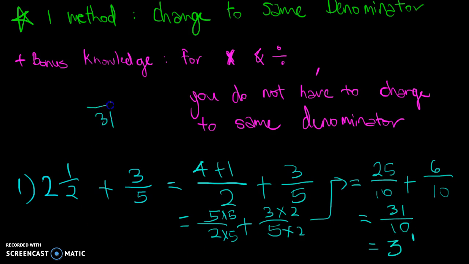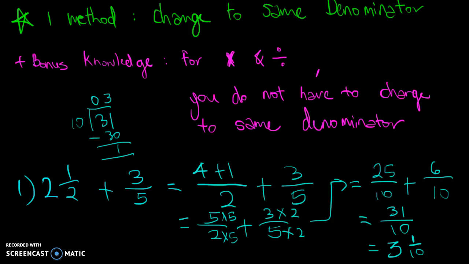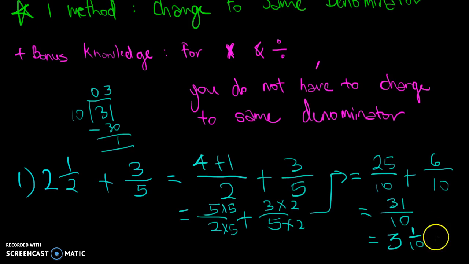I put 3, so this is my 3 wholes, minus 30, I have a remainder of 1. This is the remaining 1 part, and I end up with 3 1 out of 10. Why do I divide by 10? Since I have 31 parts and I know 10 give me 1 whole, 31 divided by 10 gives me these 3 wholes, and 1 is the remaining part. This is my final answer.